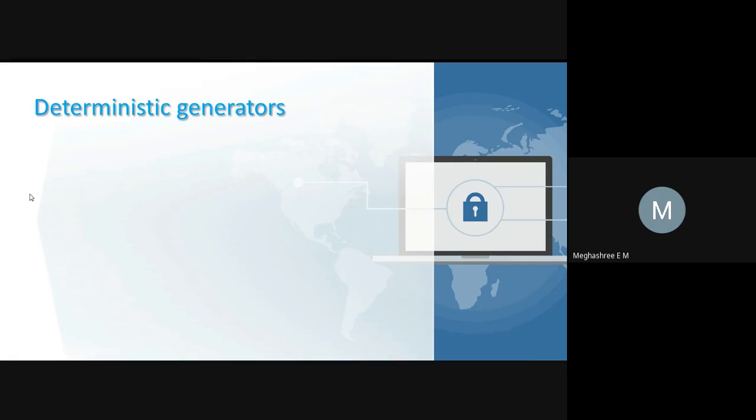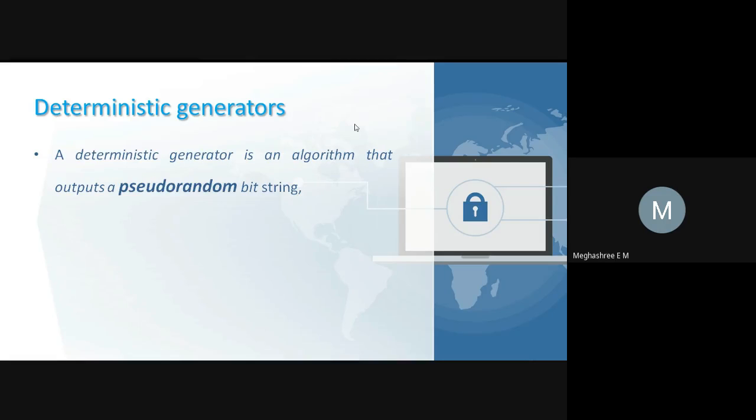Now we'll start with the next method, which we call the deterministic generator. Deterministic generators are nothing but algorithms. Please do remember, these generators are nothing but algorithms.